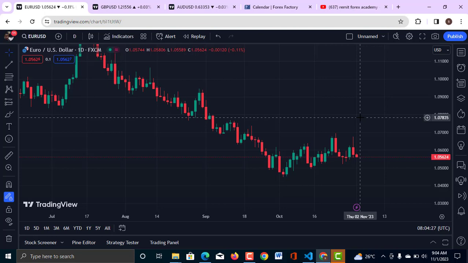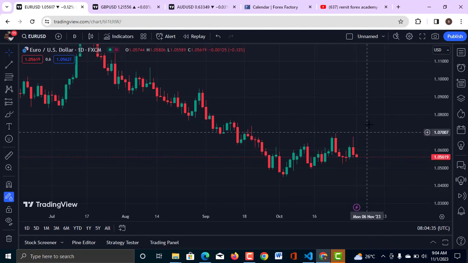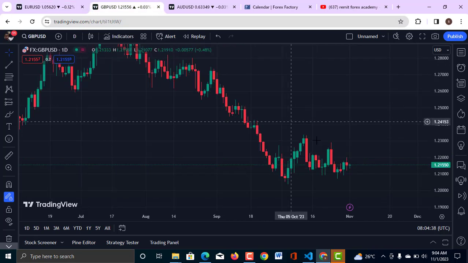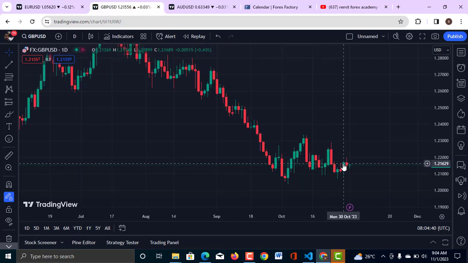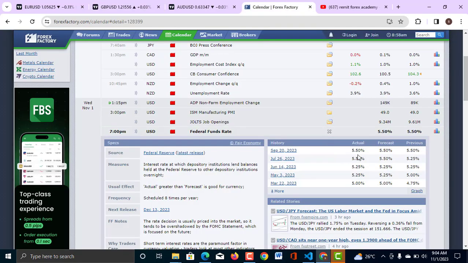The movement may not happen immediately, but the next day we're going to see the market begin to move to the upside, or almost immediately. The same thing you need to expect on GBP USD. If the Fed leaves interest rate unchanged, that will happen today around 7 p.m. Nigerian time, that is 19:00 GMT.